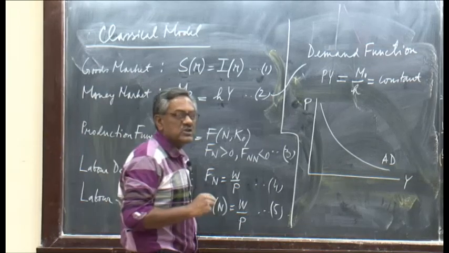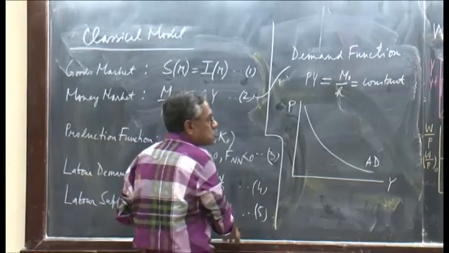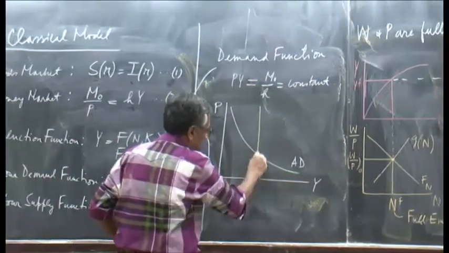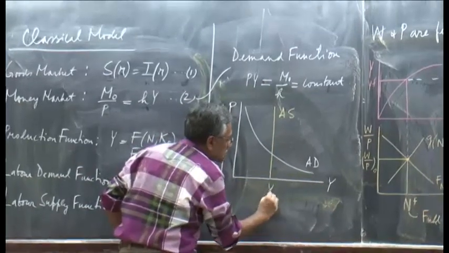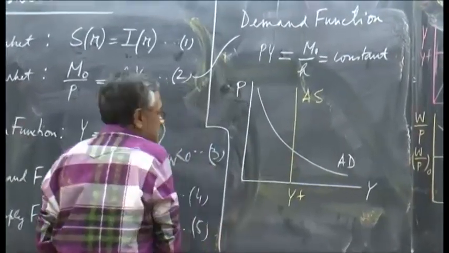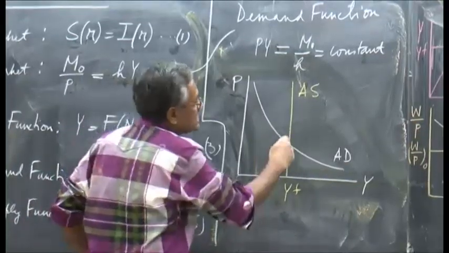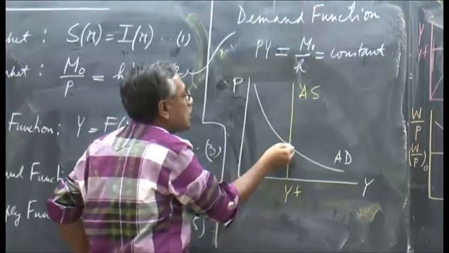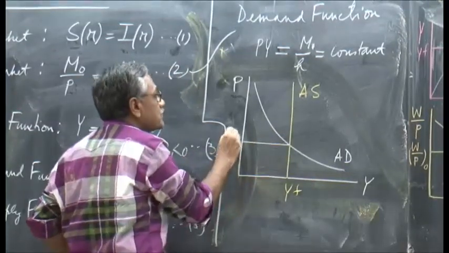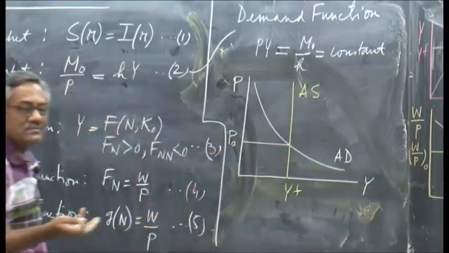So if you superimpose the aggregate supply line here, then aggregate supply solves for YF, and the demand line, the rectangular hyperbola, would solve for the prices in the economy. That's what you are saying.